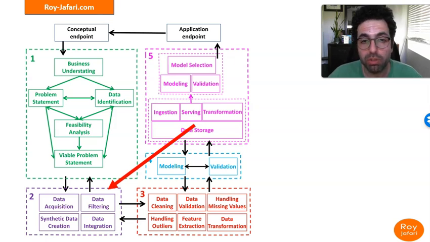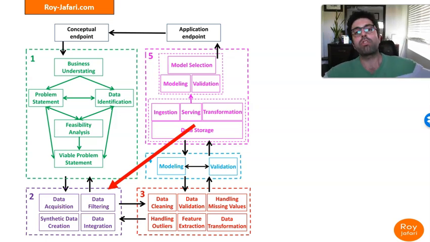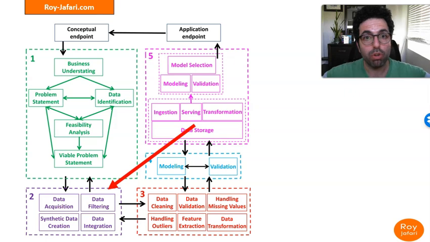So you have data acquisition, data filtering, data integration, synthetic data creation. All of those are important. And once you have them, you don't need everything. You might have to filter based on what you need. And also, some of these sources are not the same source, so you might have to do some integration, some mixing of these data that is going to be beneficial for your analysis, right?